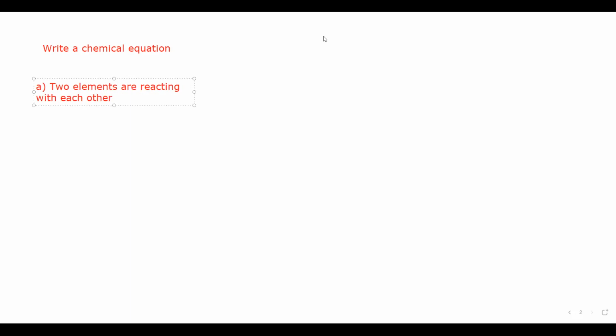Example, if I say calcium plus oxygen, so calcium is reacting with oxygen.